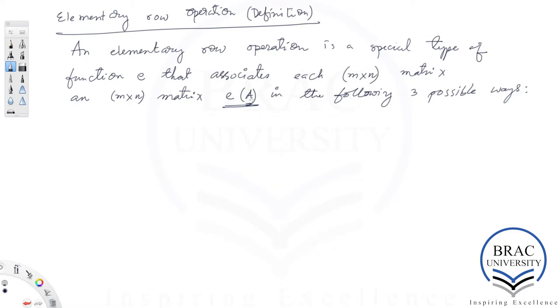One: the ij entry of E of A is going to be equal to the ij entry of A as long as i is not equal to r, and E of A rj is equal to c times A rj.